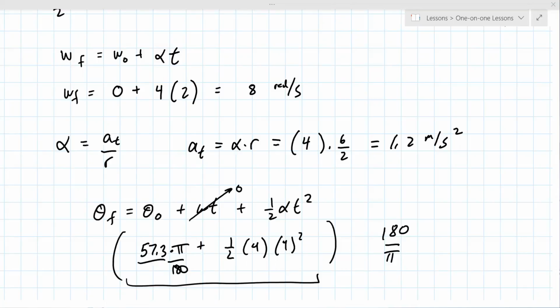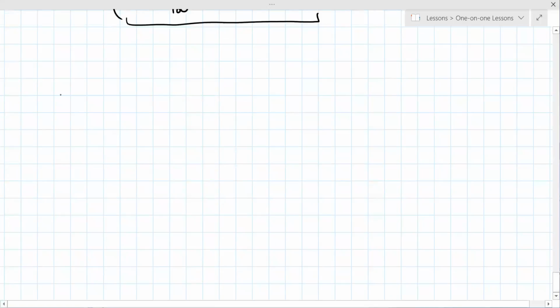Okay, let me check a reference. Maybe they use the other alpha equation. Maybe they use the one, omega final squared equals omega initial squared plus 2 alpha theta.